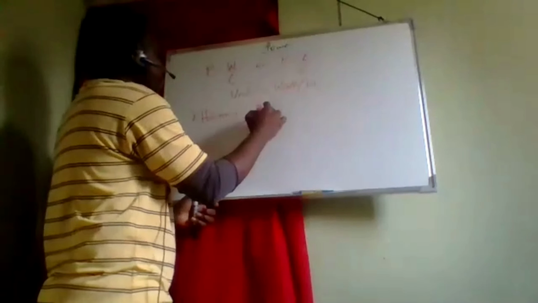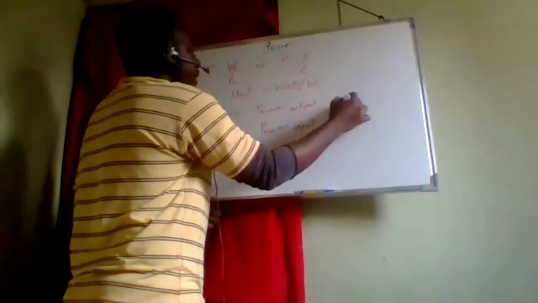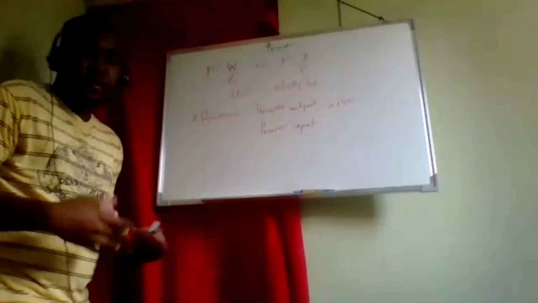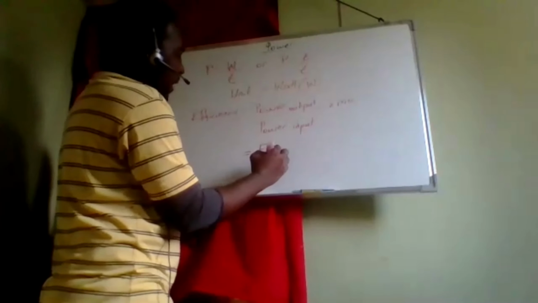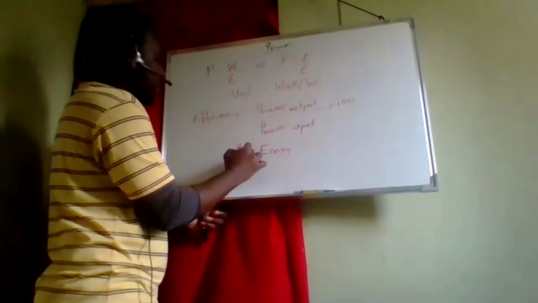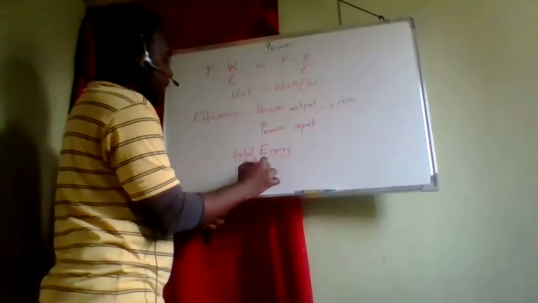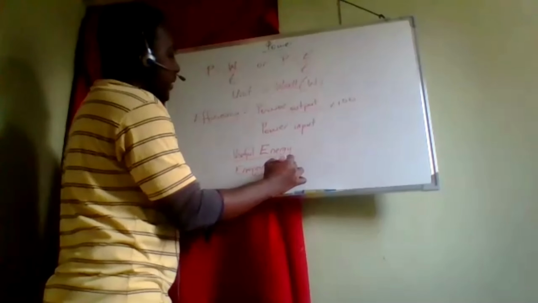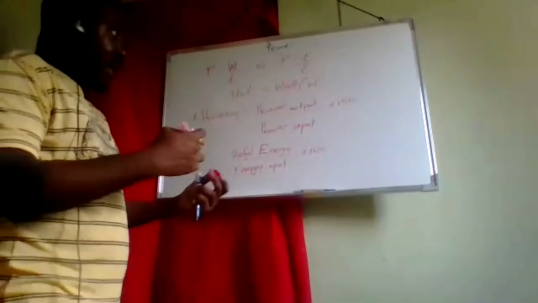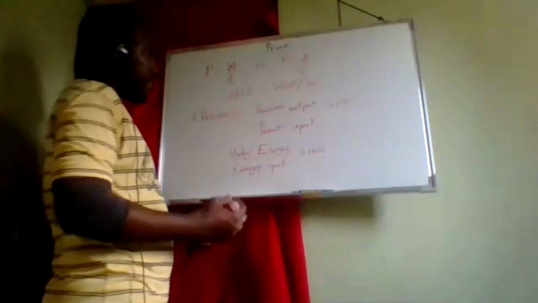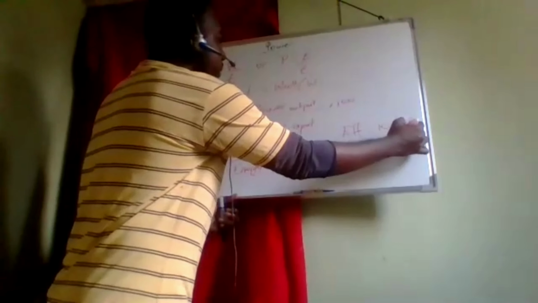It's the power output over power input multiplied by 100, because efficiency is a percentage. Or it can be the useful energy over energy input times 100.